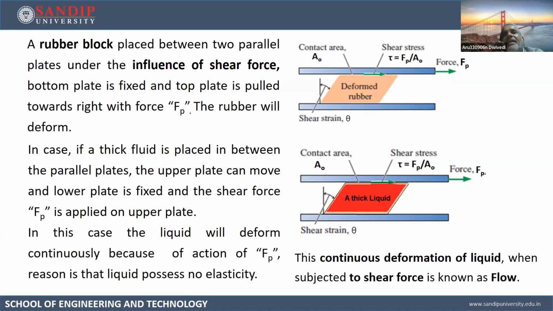So this is a technical definition of the flow. The fluid, when subjected to shear force, experiences a continuous strain. There is a continuous deformation. And this process of continuous deformation is known as flow. Because the fluid possesses a very small amount of shear strength.